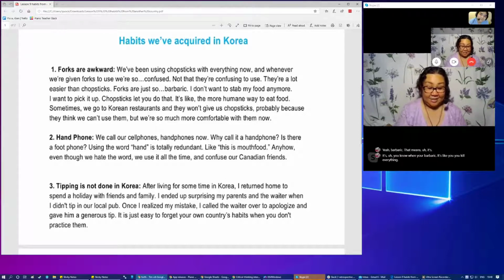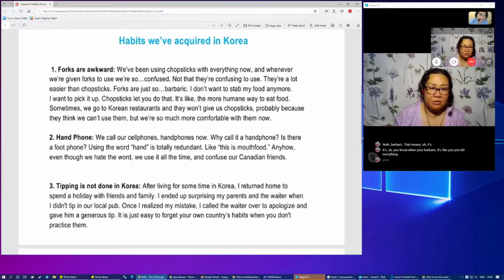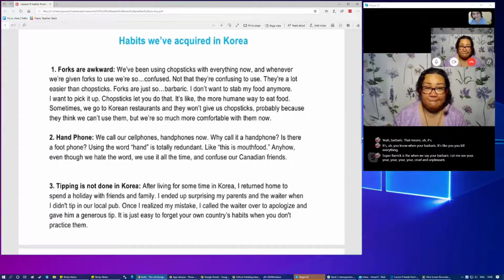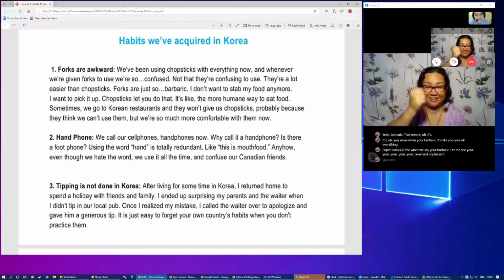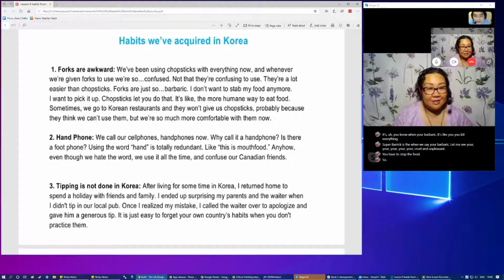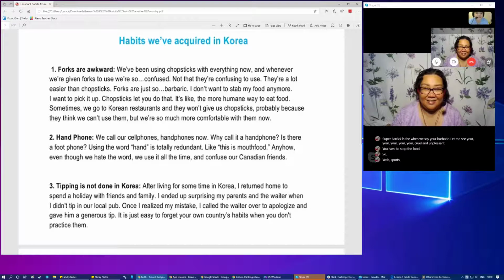When we say you're barbaric, that means you're cruel and unpleasant. Yeah, I got it, because you have to stab the food. I don't want forks to stab my food anymore.